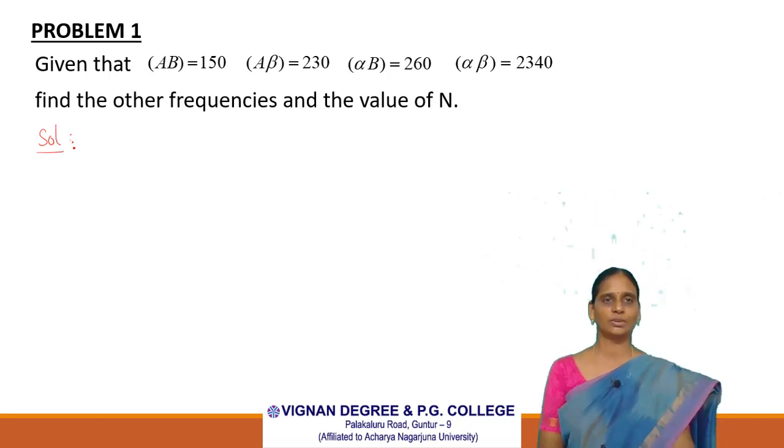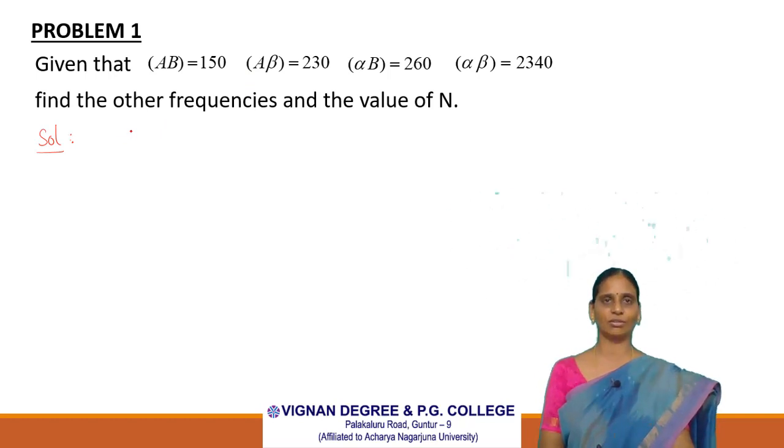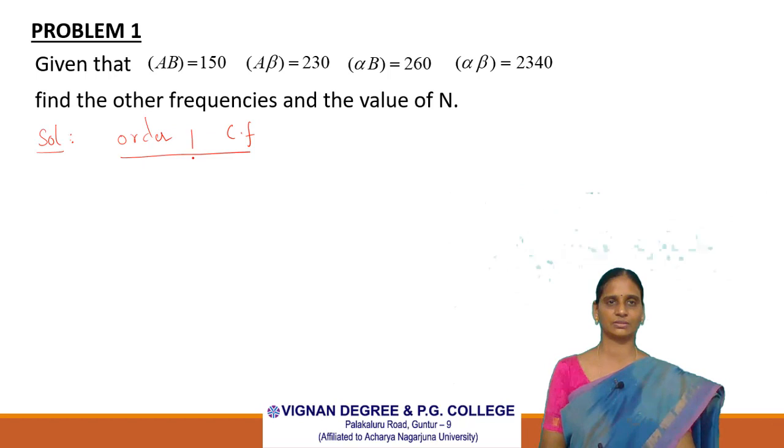In this problem, we are given two attributes. In the two attributes case, first we have to see what the class frequencies are. Here I am writing the order and the corresponding class frequencies. In the 0th order, the corresponding class frequency is n.